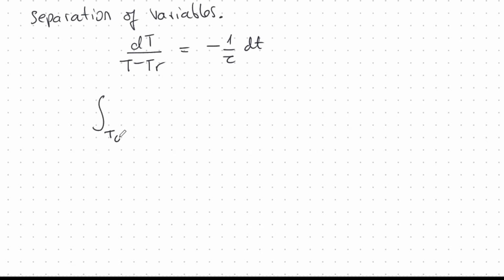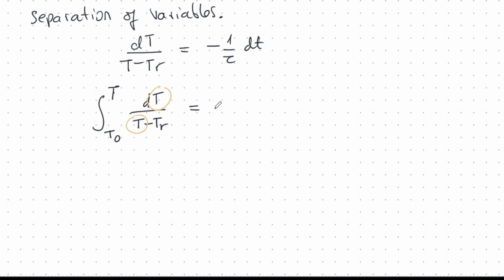I'm beginning at a temperature T0. That's my initial temperature. And I go up to some temperature T, dT over (T minus T_R). Now you have to keep in mind that this T here is a dummy variable of integration. It's not the same variable as the big T here that we're looking for.